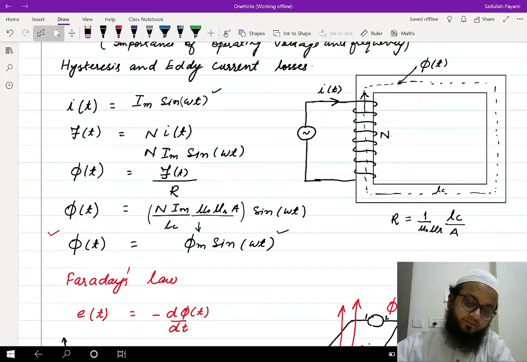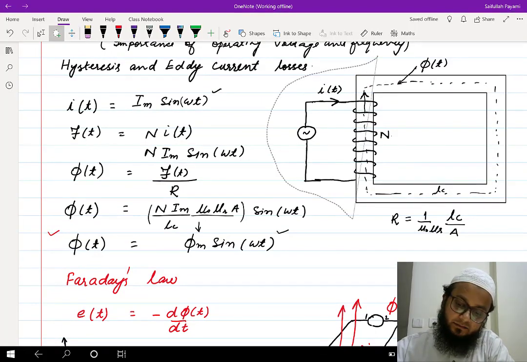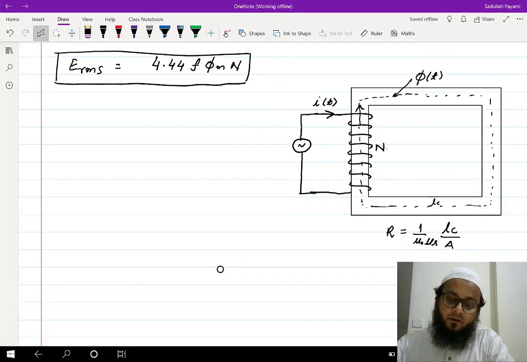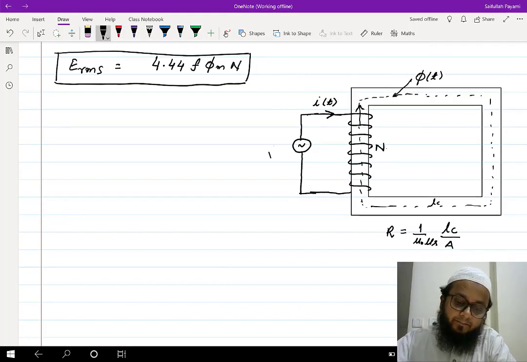So let's say in this circuit, if this VT voltage was applied and we have marked this polarity here, this is 1 and this is 2, and this is ET here.